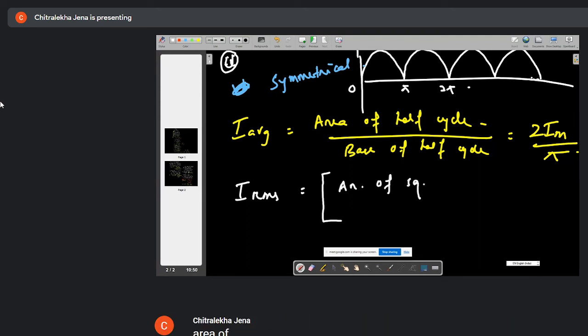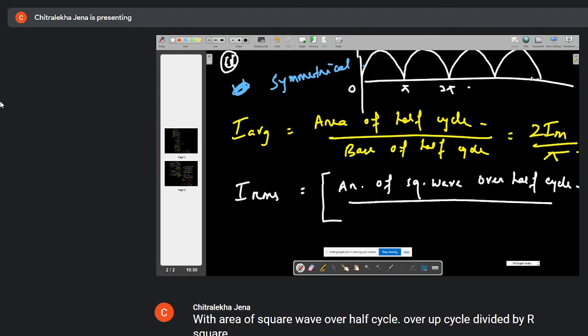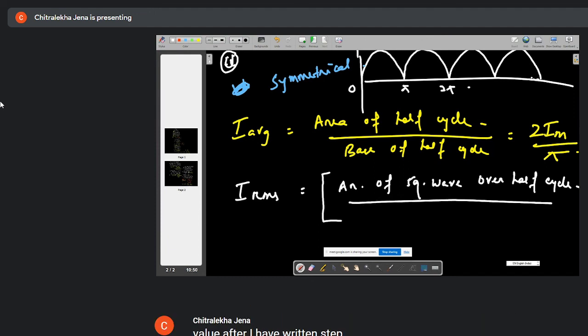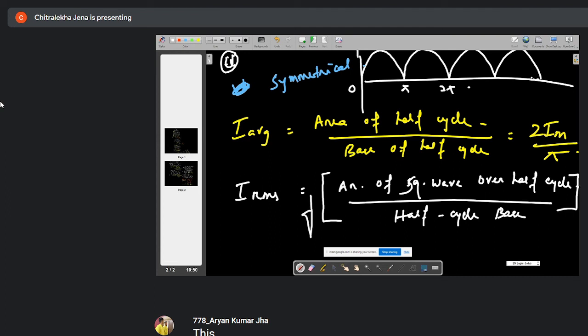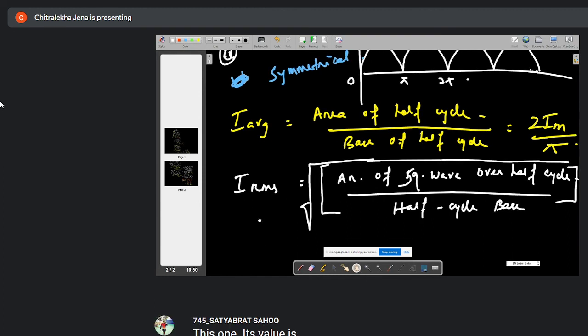Area of the squared wave over the half cycle, divided by the half cycle base, then whole root. Yes, ma'am. Its value will be 0.707 IM.